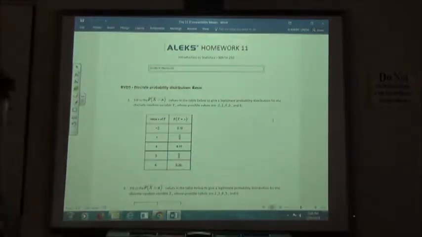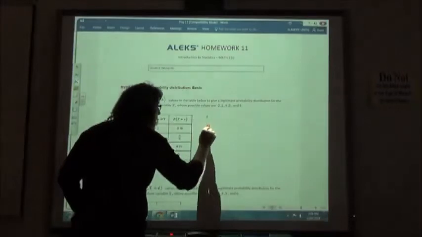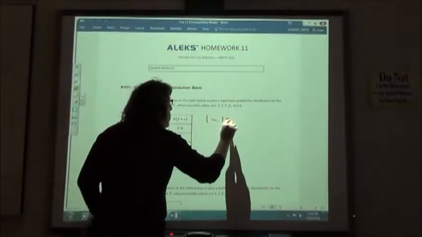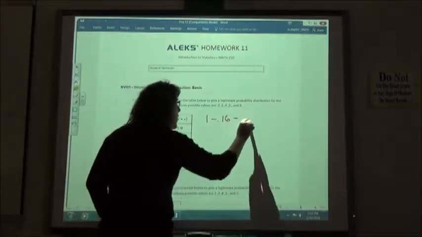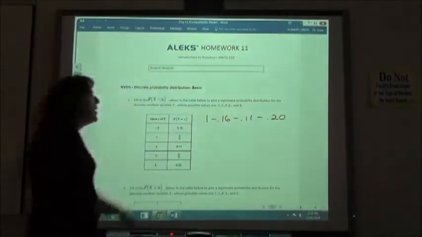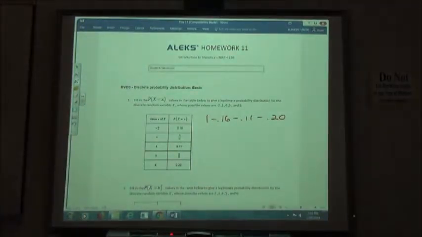First thing you're going to do is take 1 and subtract off the ones that you know. So we know that one's 0.16, one is 0.11, and the other one is 0.20. If you take 1 and subtract those 3 that we already know, that tells you how much we have left to divide up between our two other numbers.